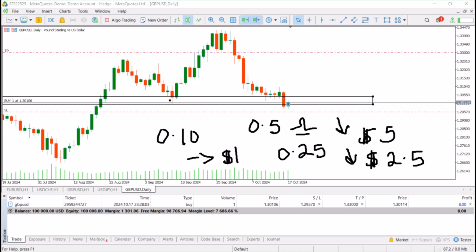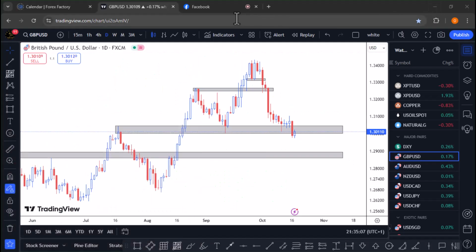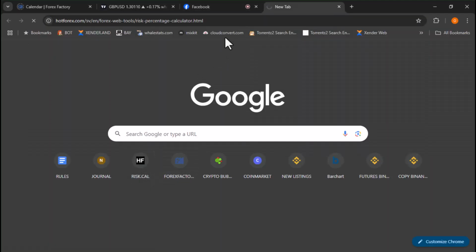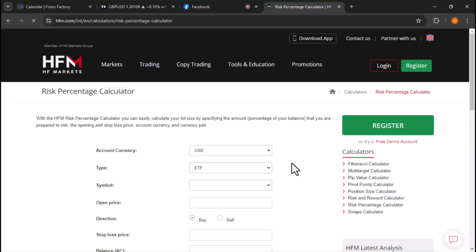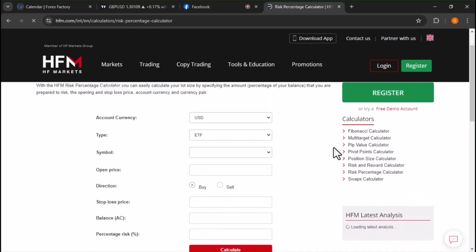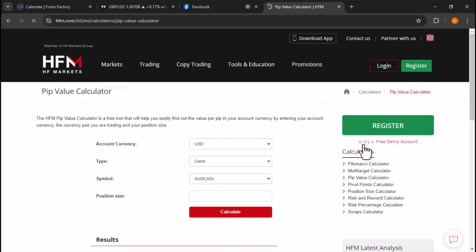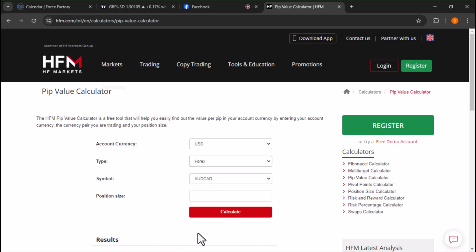Now let's check another tool we can use to do this calculation. One of the tools you can use for this calculation is what I call the risk calculator. The link is in the group. You go to this website, you click on pip value. Your account currency is USD, you are trading Forex. You select the asset you are trading.